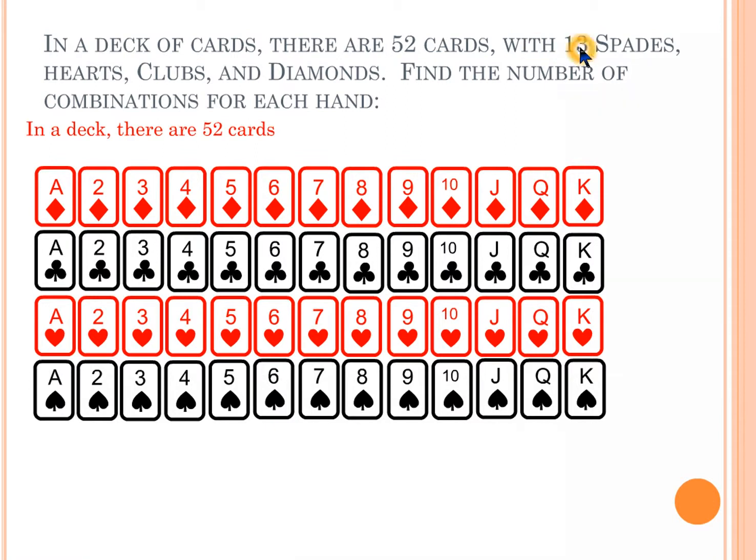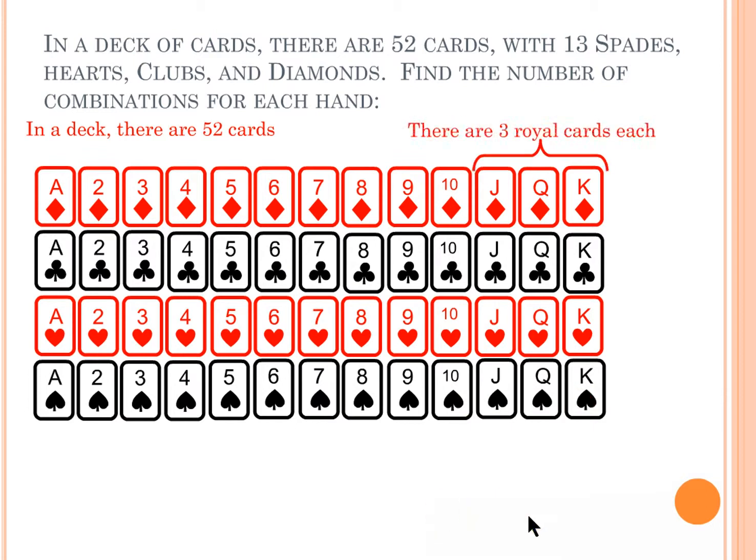It says right here I have 13 spades, 13 hearts, 13 clubs, and 13 diamonds. So if I look at my hearts, for example, I would have 13 of those. For my diamonds, I would also have 13. And for my clubs, I would have 13 here, and my spades, I would also have 13 as well.